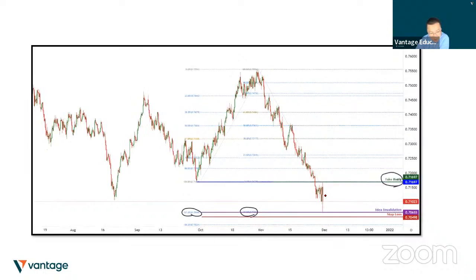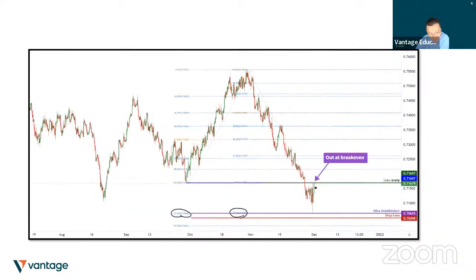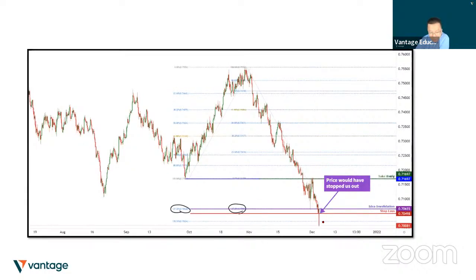And then you see the next moment, it comes back up, gets you out at break even before dropping back down again. Because remember, you can see that this was a bit of a gamble, a bit of a higher risk trade, because we identified this level, anticipating that bounce up, similar to what happened.